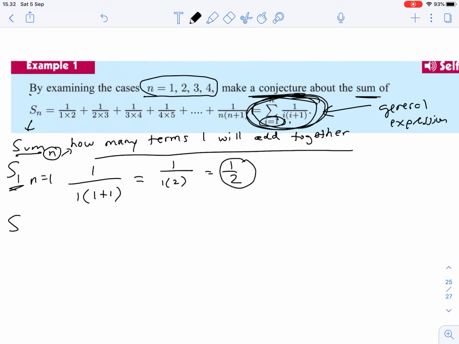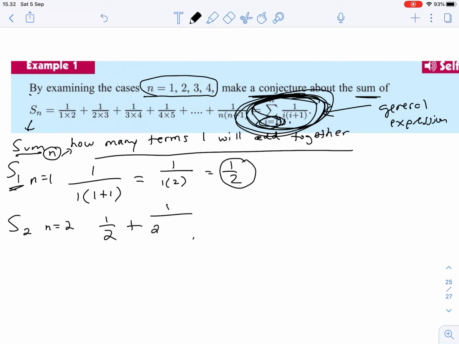All right, so now we're going to do the sum of the first two terms. All right, n equals 2. Now, we know in this case that we're adding up the first two terms, right? Well, I know that my first term is 1 over 2. Now, I just want to figure out what's my second term. Well, my second term, again, I'm using this expression, because we go to the next one. We know that the first one started with 1.